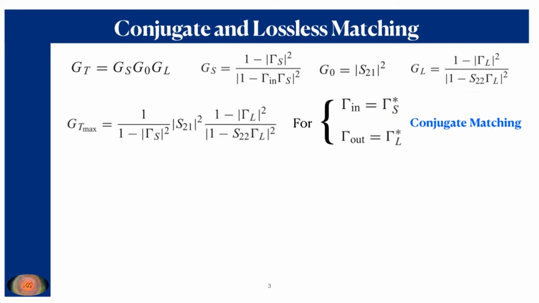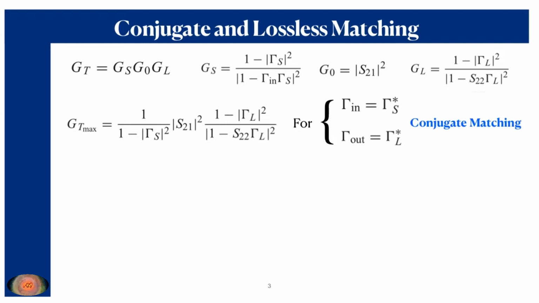However, by satisfying these two conditions, we have the conjugate matching condition, which can maximize the transducer gain, but we still have a problem. That problem is associated with the reflection coefficient, because these symbols represent the reflection coefficients of the source matching network and the load matching network, and we know the reflection coefficient appears due to the reflection mechanism from a particular segment of the network.